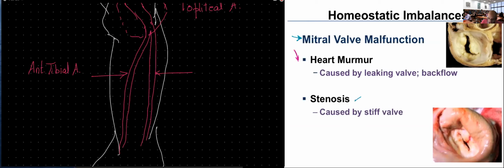Can you guess the name of the posterior one? If this one is traveling anteriorly, and this one is traveling posteriorly, and this one we called the anterior tibial artery, so what do we call this one? Posterior tibial artery.